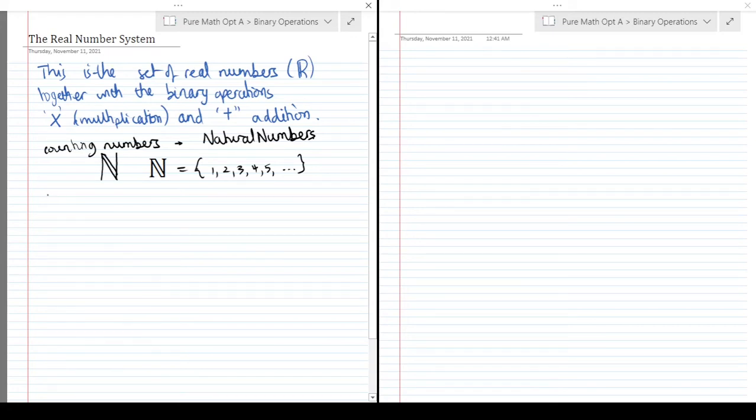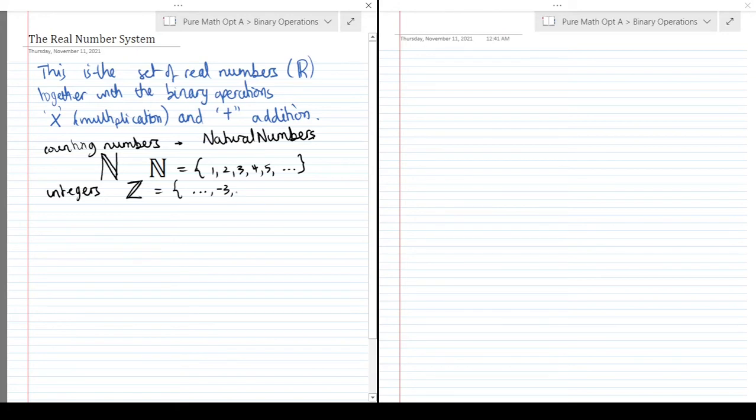Then you have the integers. Now, the symbol for the integers is actually the double struck Z, like that, not I, right? So the set of integers, there is no first term of it. It is an ordered set. It is also an infinite set as well.